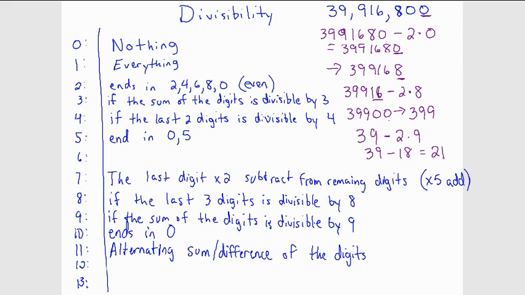Now, I get into this because I want to also bring up other primes. Now, 13 is an interesting one where we can subtract 9 times the last digit. So we go through this same process, or you can add 4 times the last digit.